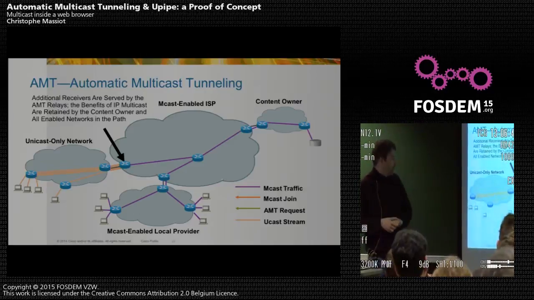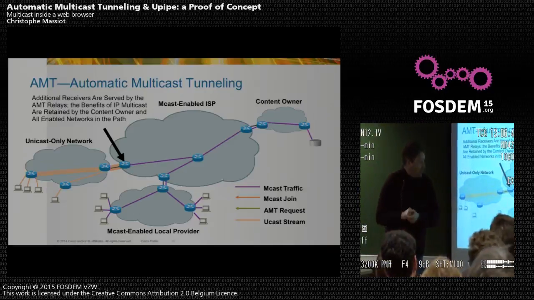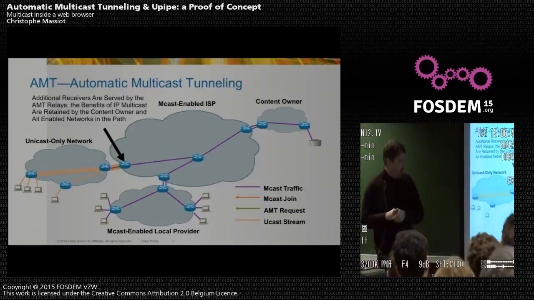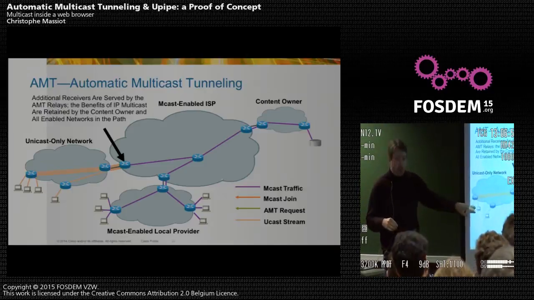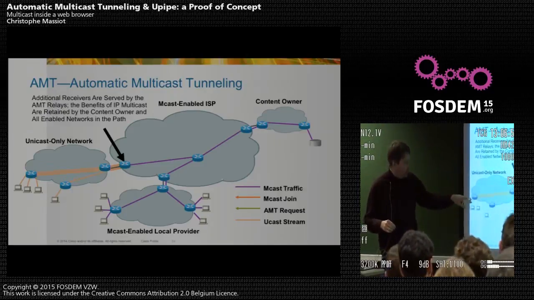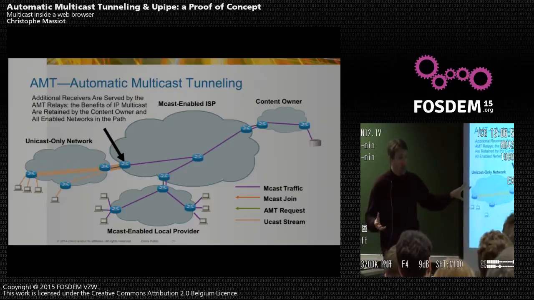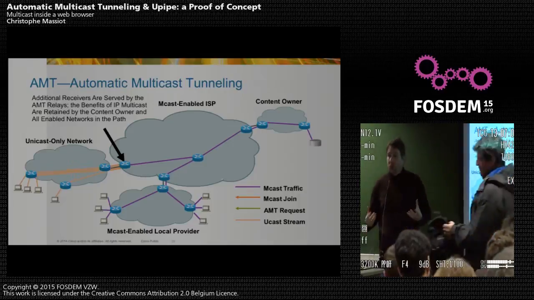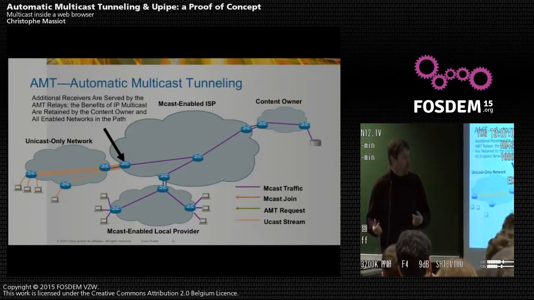So everything is perfect. Now, suppose you're in a unicast-only network like the one on the left. The clients here want to subscribe to a multicast address, but nothing comes because the network doesn't have the notion of multicast. So they ask to talk to the nearest relay: they discover the nearest AMT relay with an anycast address.